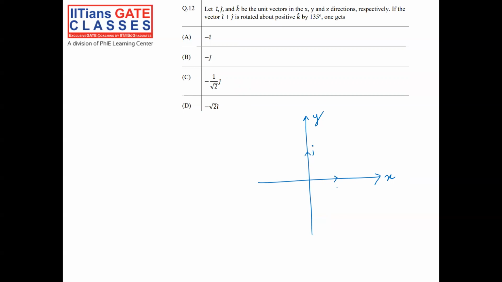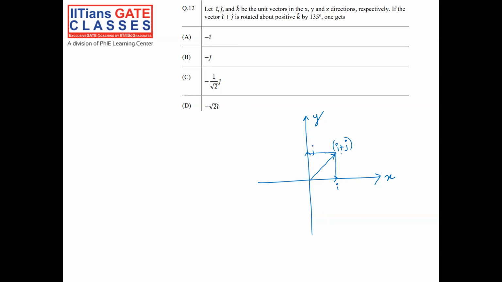If we rotate this i and j, first of all, we'll calculate i plus j. The i plus j vector would be like this. This is the i plus j vector, whose magnitude would be root 2.